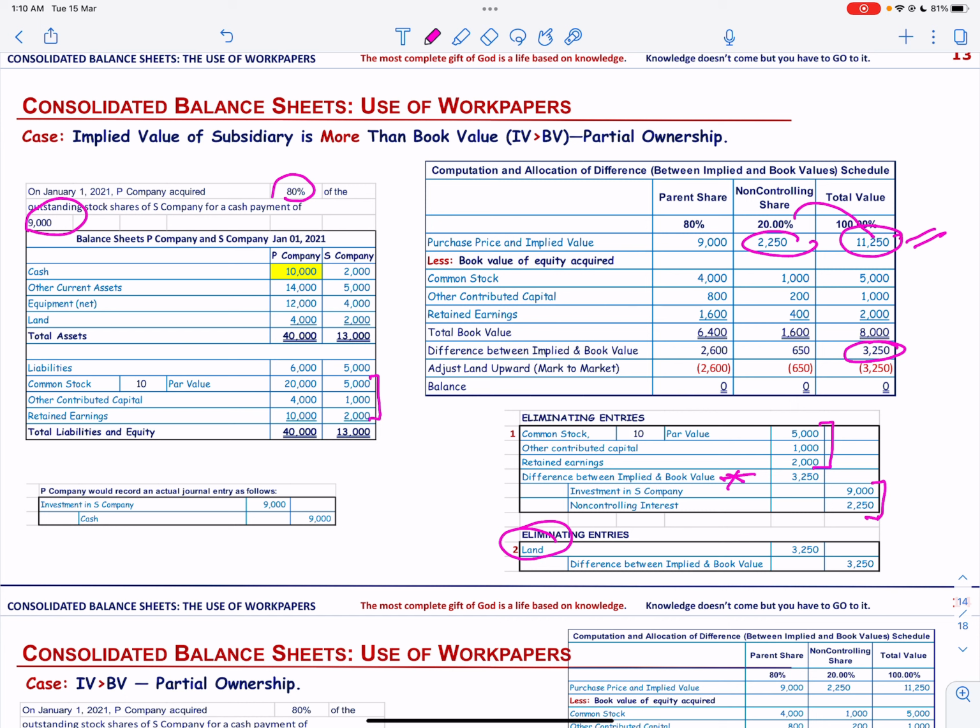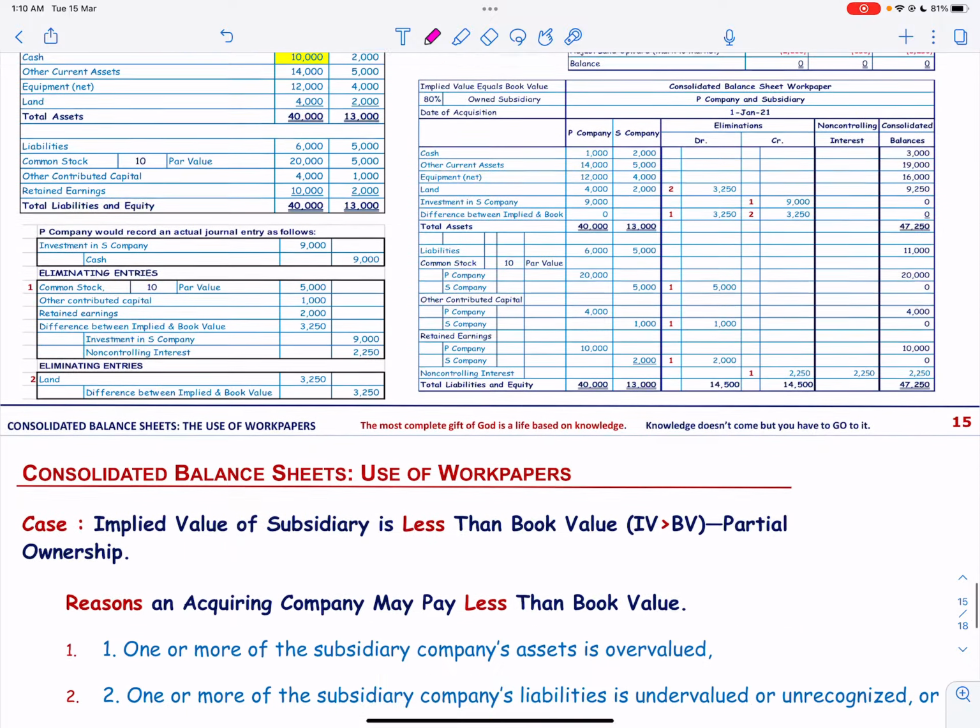This is a temporary account that is immediately eliminated in the next entry. In the next case, we will illustrate the situation where the purchase price is lower than the book value of equity acquired. Why an acquiring company may pay less than the book value is explained in the next slide.